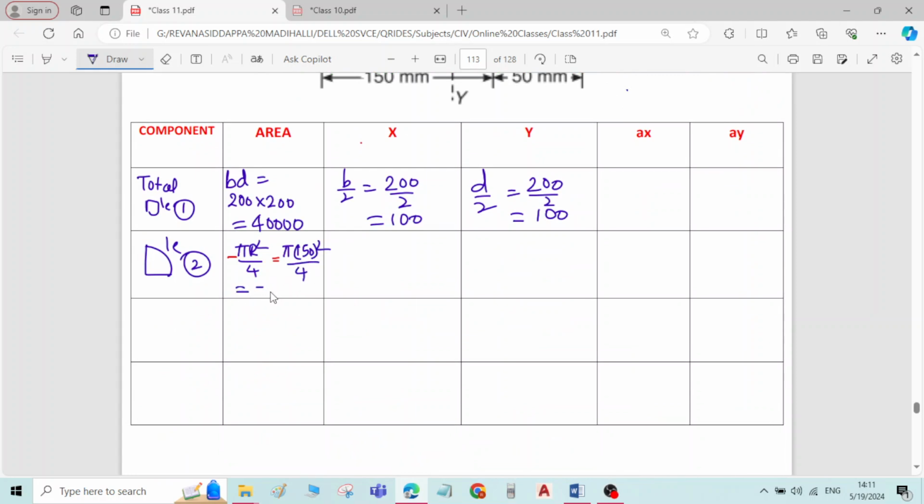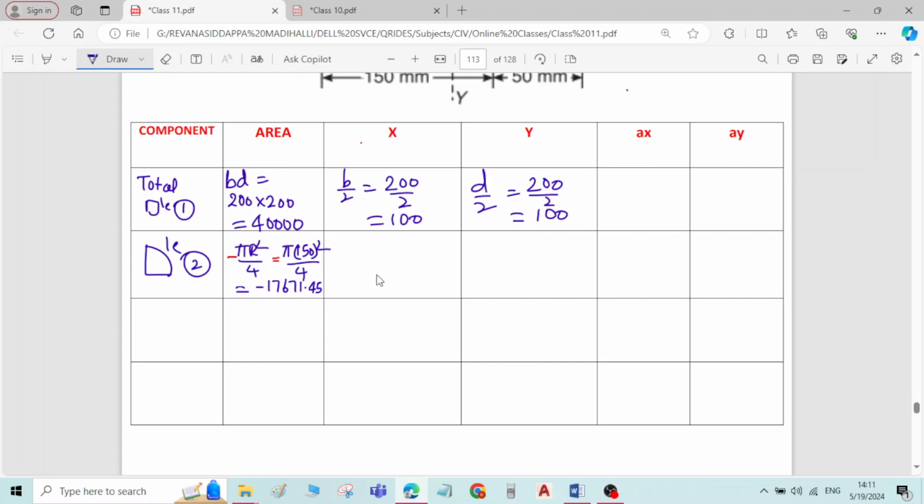The answer is minus 17671.45. You may get a difference in the last one or two digits, no problem. Take the same answer, finally you'll get the same answer for the exam paper.